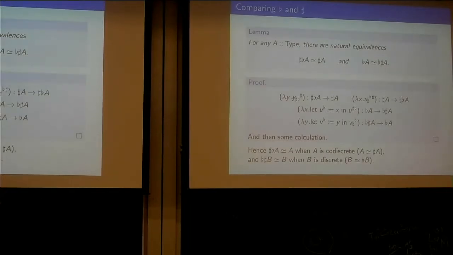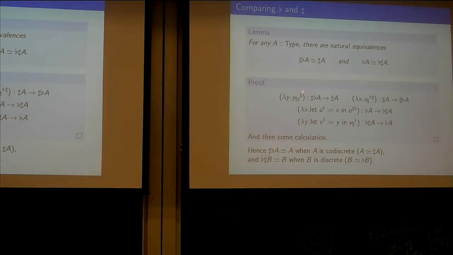Since sharp and flat are introduced by these rules that both internalize the crisp context in different ways, we can prove all the stuff that we expect to be true if we have an adjunction. If I apply sharp, that's the same as applying flat and then sharp, or if I apply flat, that's the same as applying sharp and then flat, because both of them are saying, take the underlying infinity groupoid and then make it the discrete topology or the indiscrete topology.